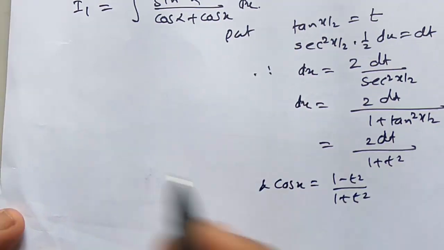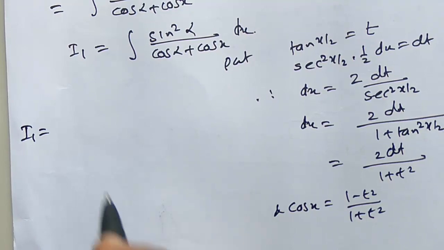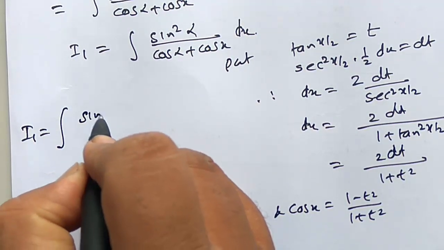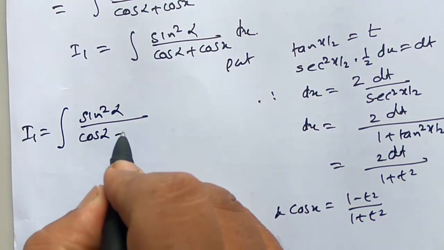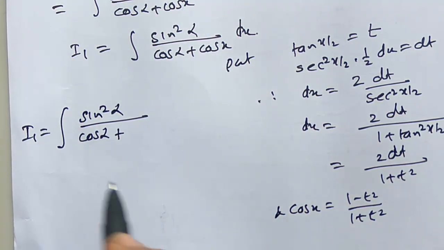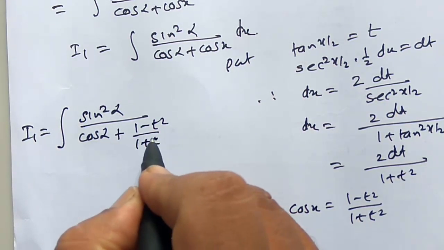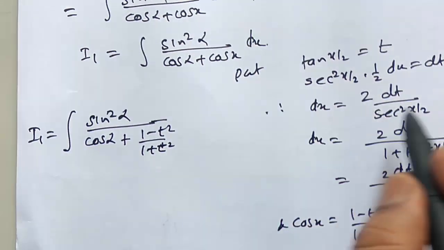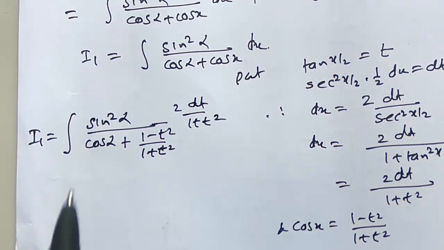Putting the values, I1 becomes integration of sin square alpha upon cos alpha plus 1 minus t square upon 1 plus t square, into dx replaced by 2 dt upon 1 plus t square.